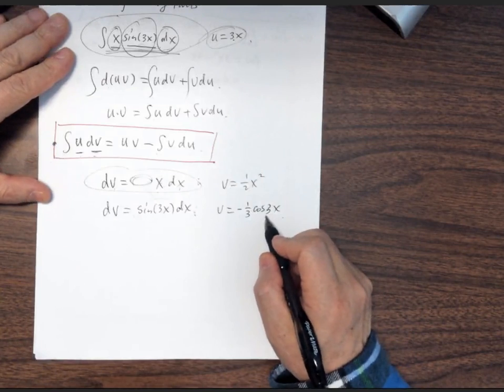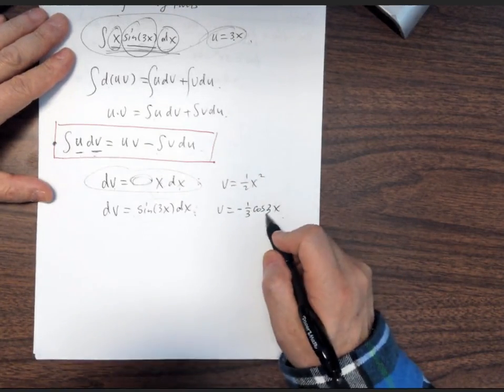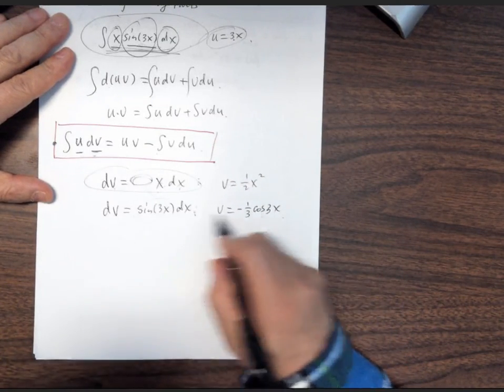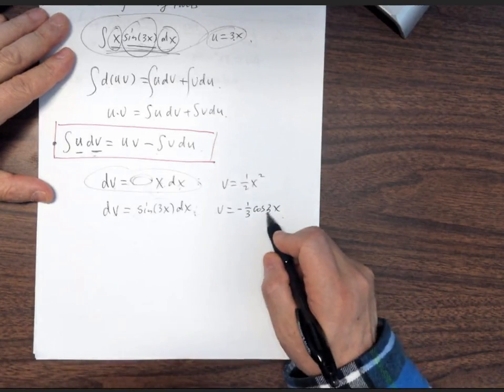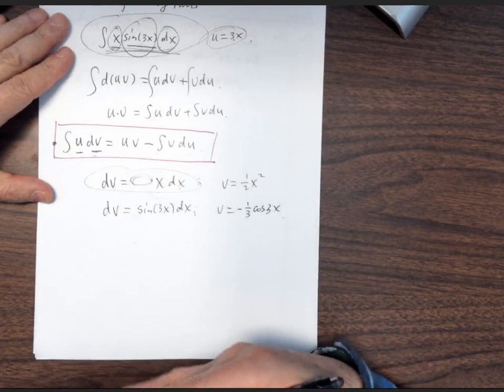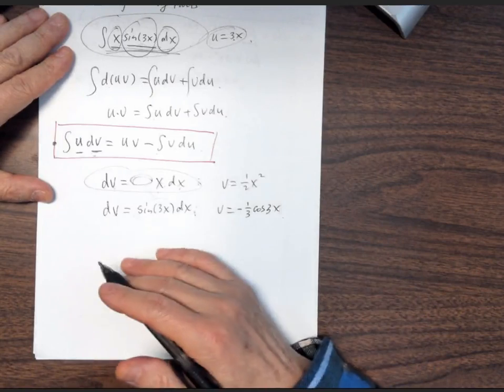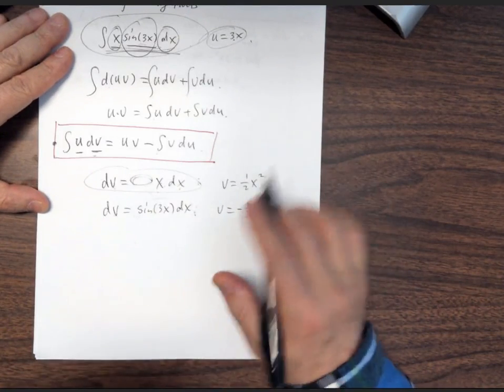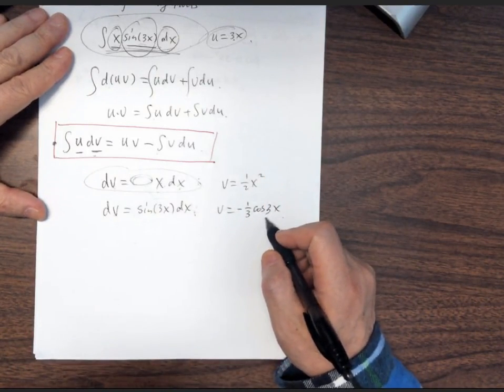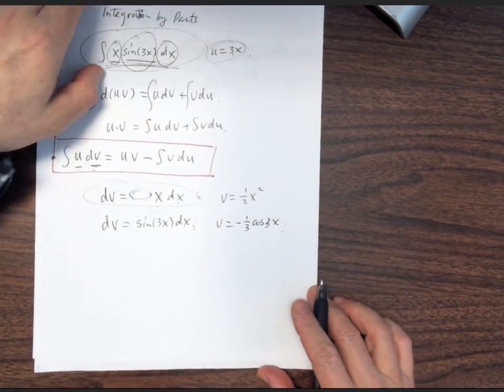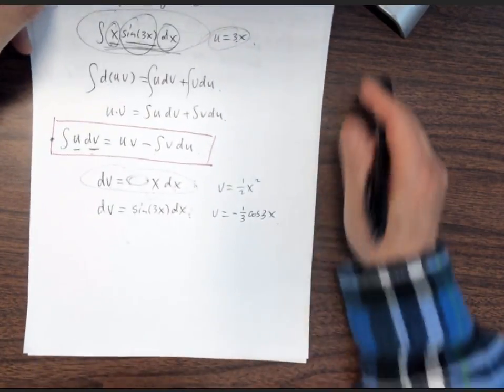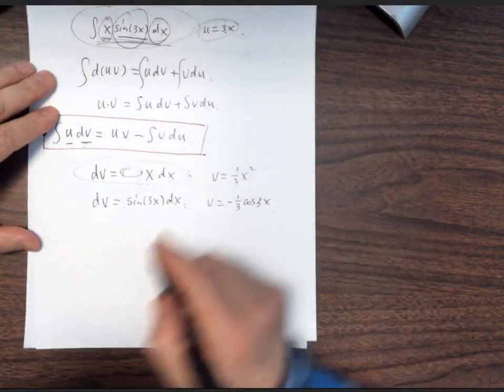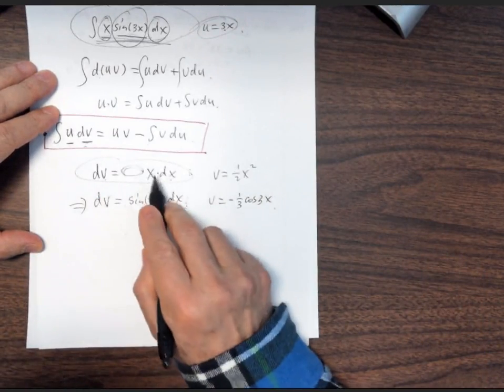Now that's not better, not simpler than sine, but it's not worse. Sine, cosine, you go from sine to cosine, or from cosine to sine, it's okay, not getting any worse. So if we can choose, we would rather take this one, not the other one.